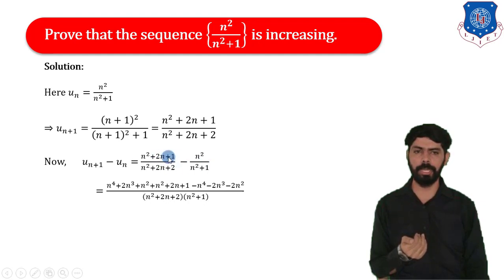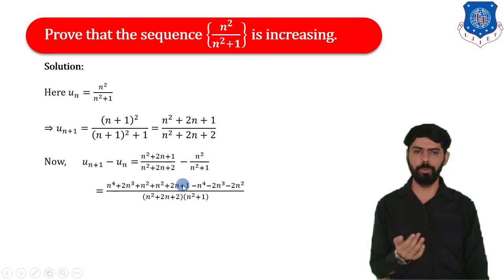If we multiply these two, then it will be n raised to 4 plus 2n cube plus n square plus 2n plus 1. Then if we multiply n square with n square plus 2n plus 2, it will be minus n raised to 4, minus 2n cube, minus 2n square, whole divided by n square plus 2n plus 2 into n square plus 1.